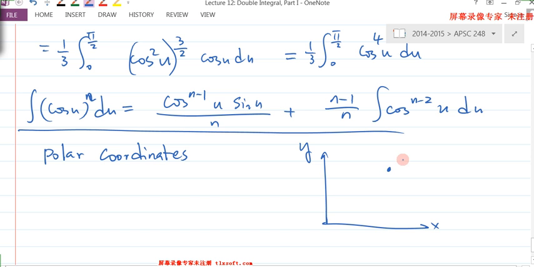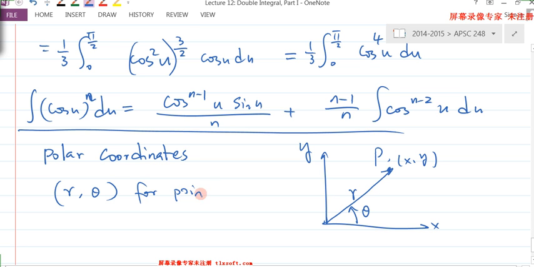If I have a point in space, the other way of describing this location is using the distance from the origin to that point and the angle between this vector and the x-axis. So basically you can also use r, theta for point P. Instead of using x and y, you can use r, theta for the point P.